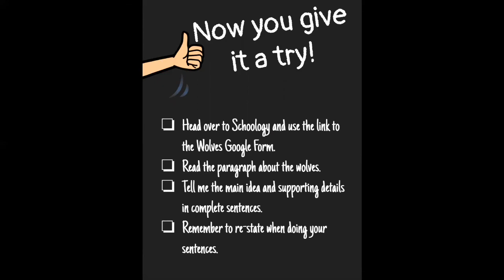And when you read it aloud, it makes sense. It is a correct sentence. But also remember to restate when doing your sentences. So again, the main idea of the paragraph is, or the main idea is, and then just using those facts to point back to that main idea. So it's your turn to give it a try. We'll see how you do.